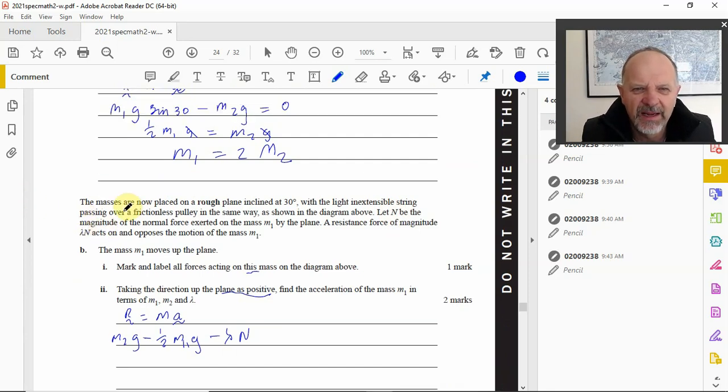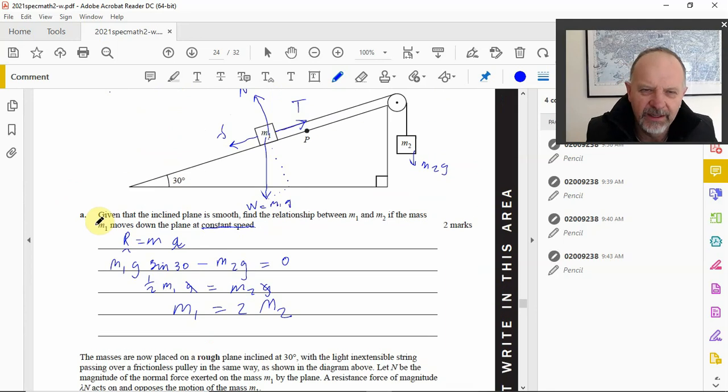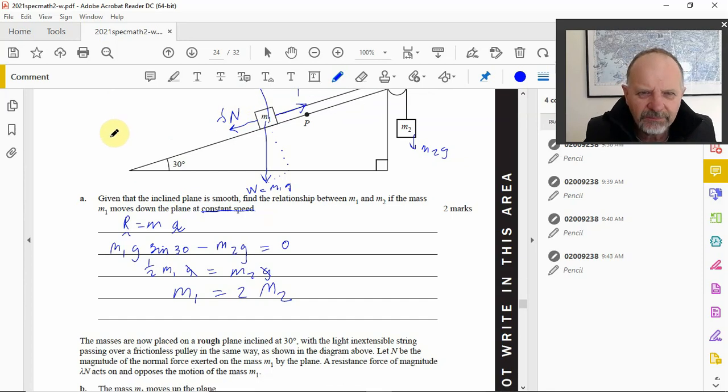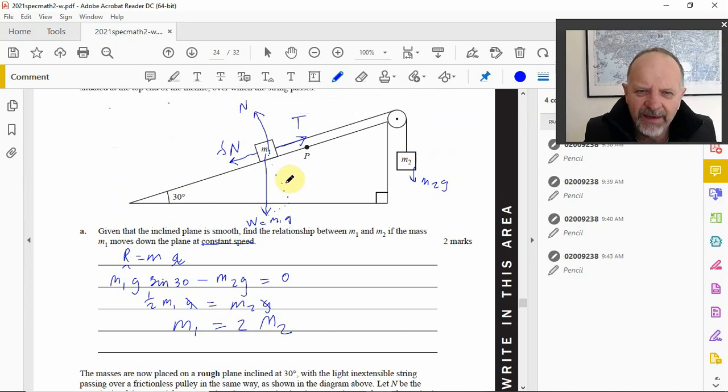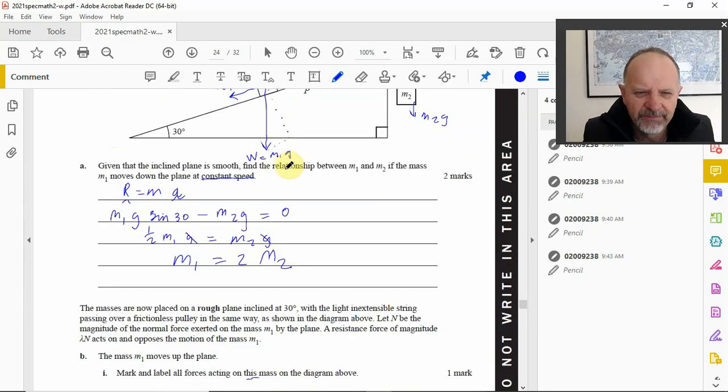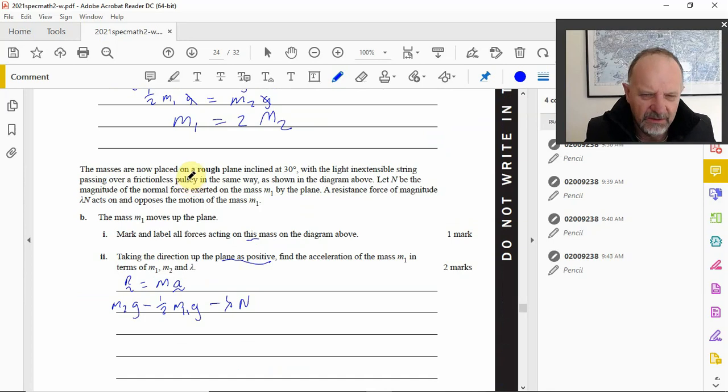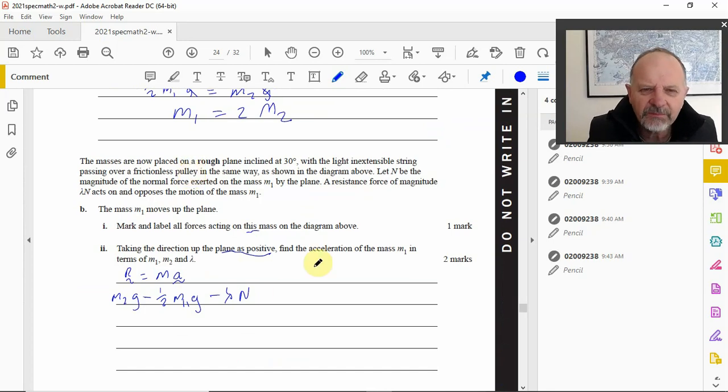So it's gamma N, and I do need the N here that I took out. And what is that N? Well, that N is equivalent to this component, which is the weight times cos 30. And now we need the mass of the whole system there, which is what we've got.